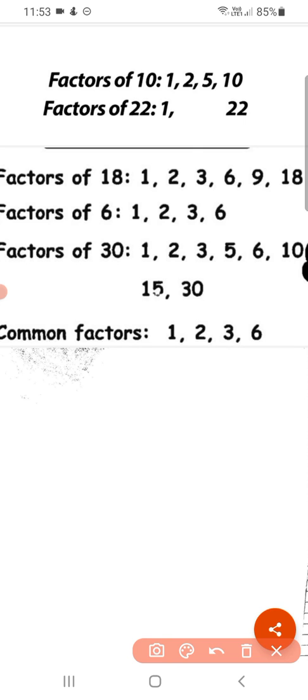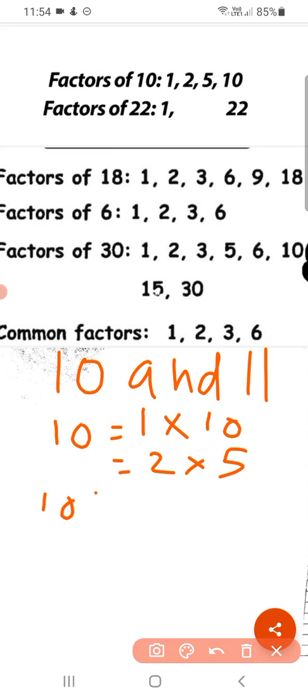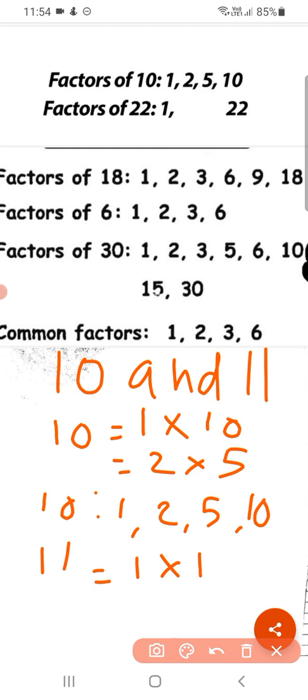Now let us do one more example. Find the common factors of 10 and 11. Here 10 is equal to 1 multiplied by 10 and 2 multiplied by 5. So the factors of 10 are 1, 2, 5, 10. Next is 11. 11 is equal to 1 multiplied by 11.